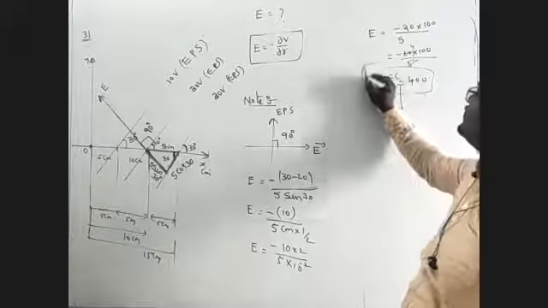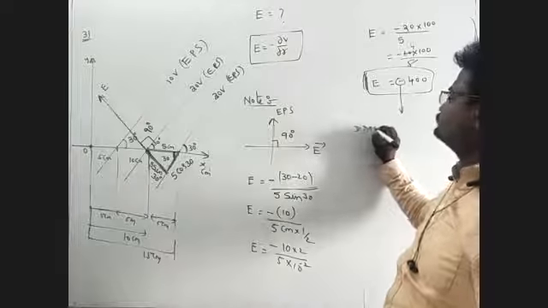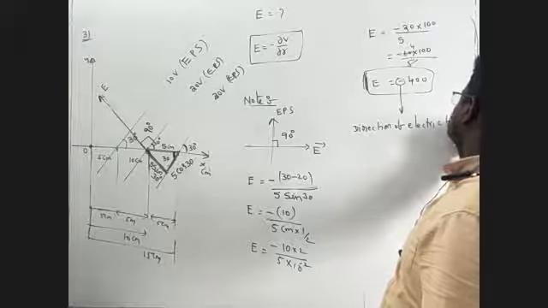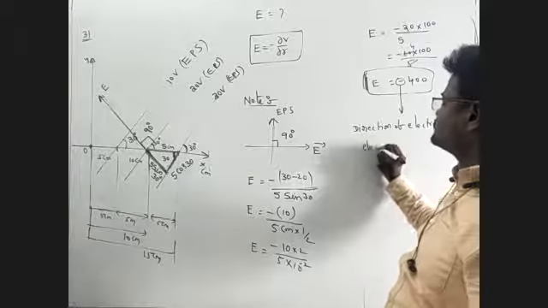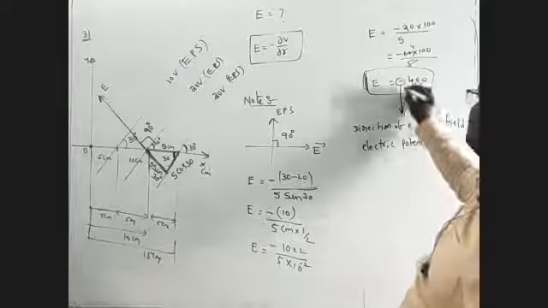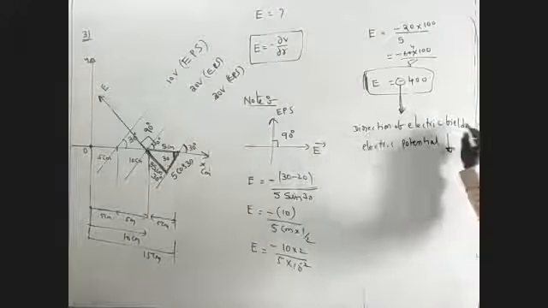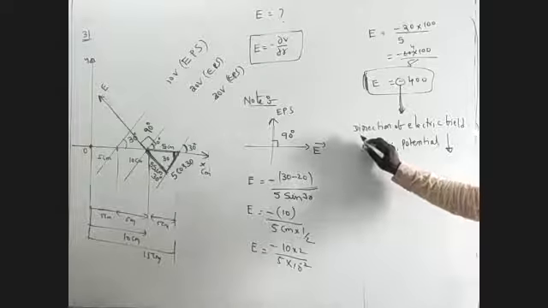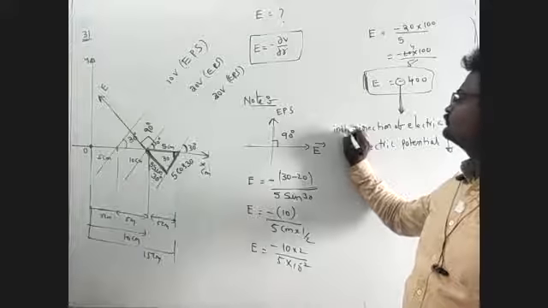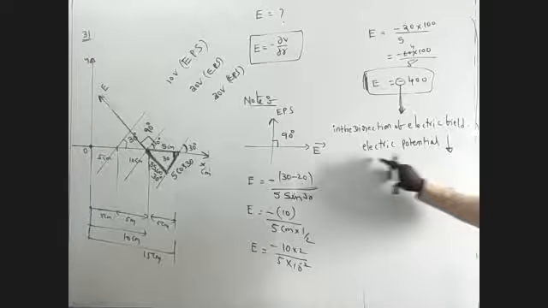The minus sign indicates the direction of the electric field, toward decreasing electric potential.